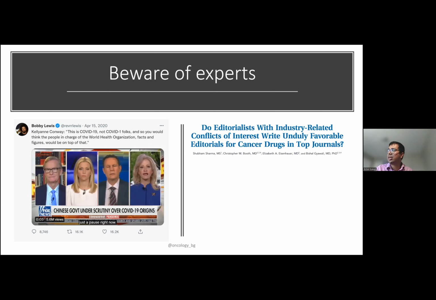One is that these journals are asking people who have received financial compensation from the exact same company to write an editorial on the same company's drug. That is a problem in itself. And these are the people who will have done peer review for this drug. And the second problem is there was clear favoritism, like these editorials were writing favorable things about the cancer drugs, and not favorable because the trials were good, but unduly favorable. Even when the trial failed, they were saying positive things about the drug, for example.